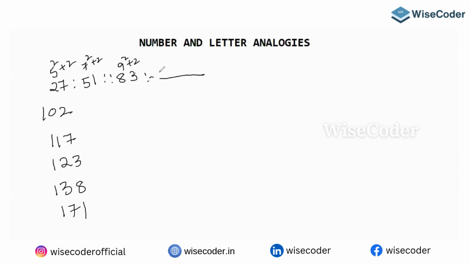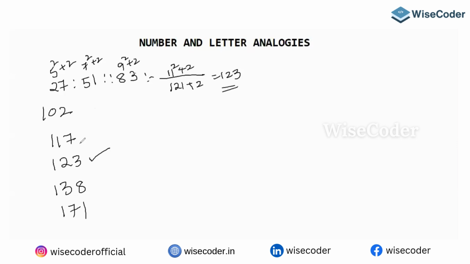Similarly, the next odd number is 11. So 11 square plus 2. 11 square is 121, plus 2 gives you 123. Is 123 present in your options? Yes. Option C.